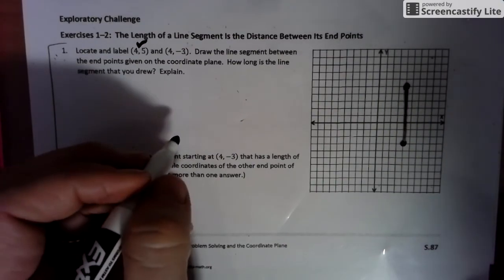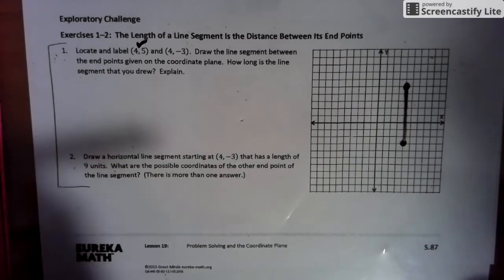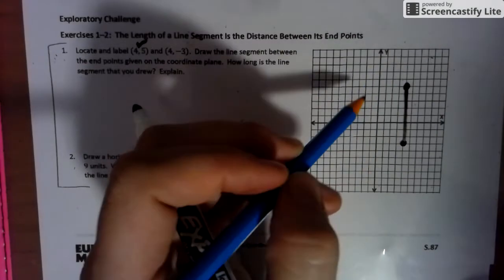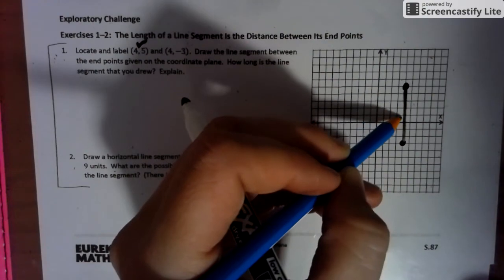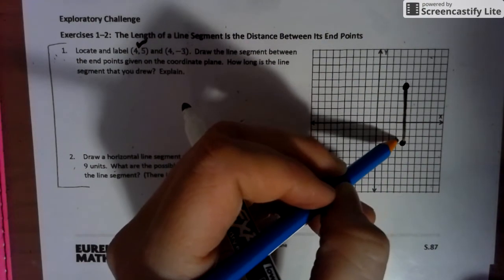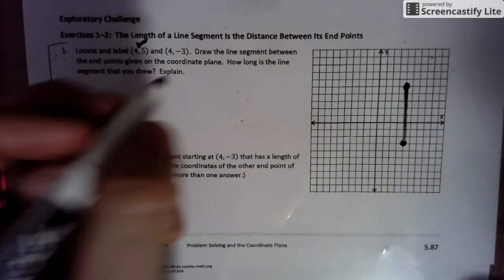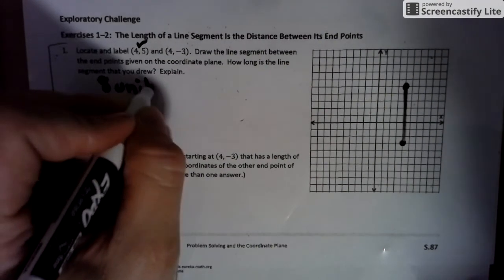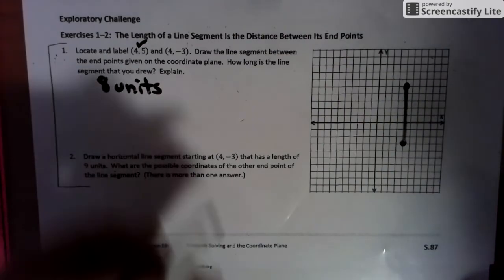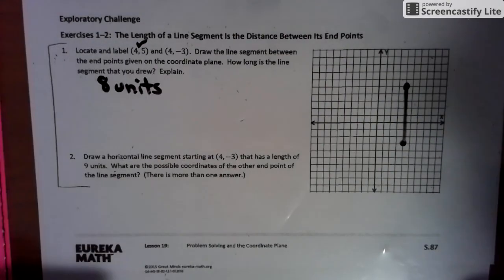A lot of kids literally just count the jumps. What I mean by counting the jumps is I'm going to take a pencil and show you. 1, 2, 3, 4, 5, 6, 7, 8. How long is the line segment? 8 units. How? Explain. You counted.